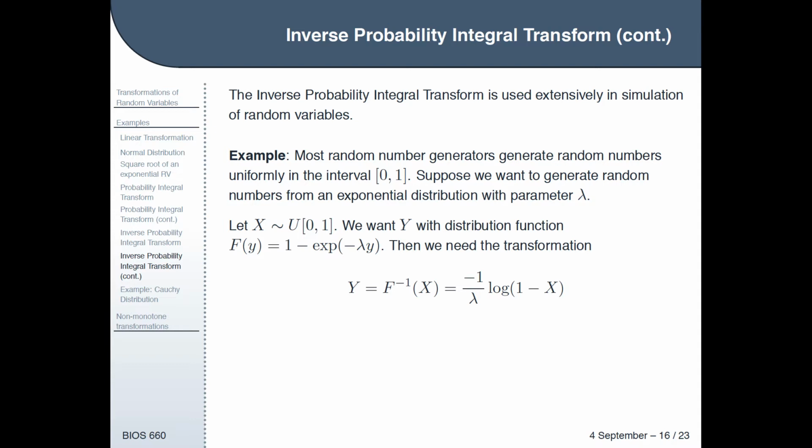To generate random numbers having an exponential distribution, we can generate random numbers that are uniform on 0, 1, plug them into this formula here, and you will end up with random numbers that are exponentially distributed with rate parameter lambda.